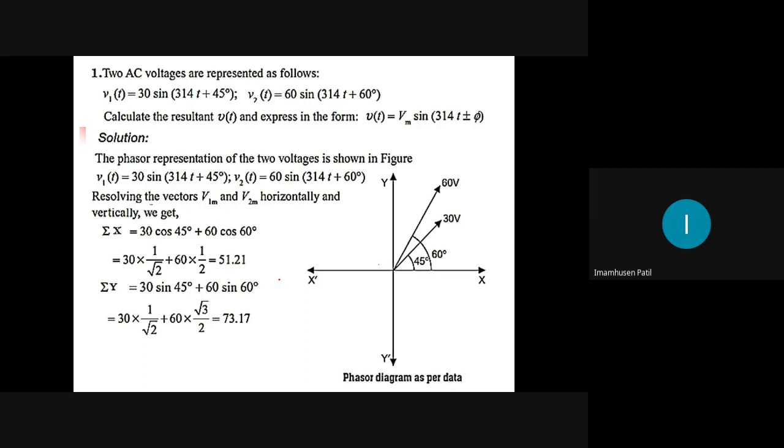Roll number 30. Can you read the problem? Roll number 30. Read the problem.